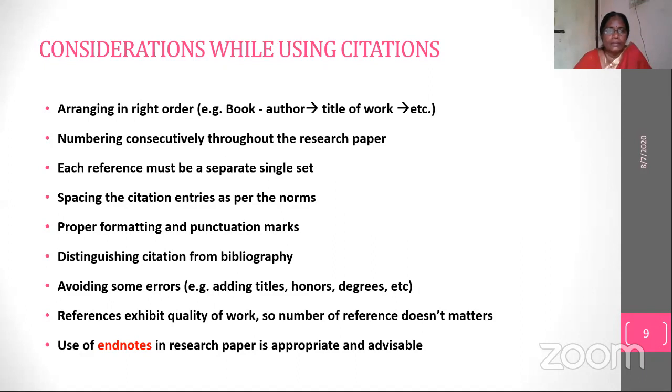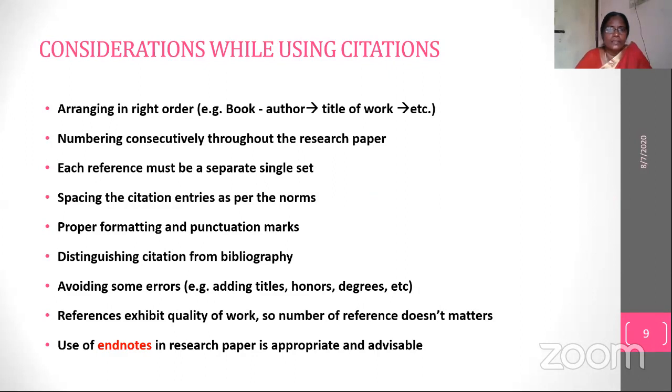For example, one reference: R.C. Majumdar, and then the title of the book, and then place, and then publisher, and then year of publishing, etc. These should be put into a bracket, an ordinary bracket, not a square bracket.